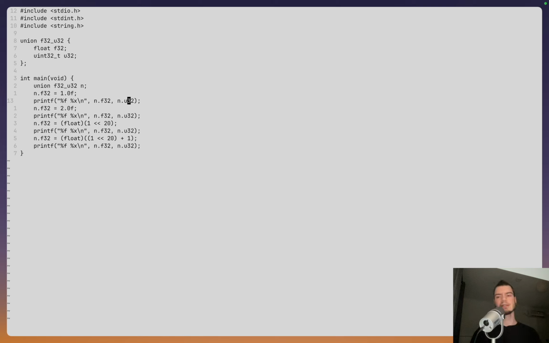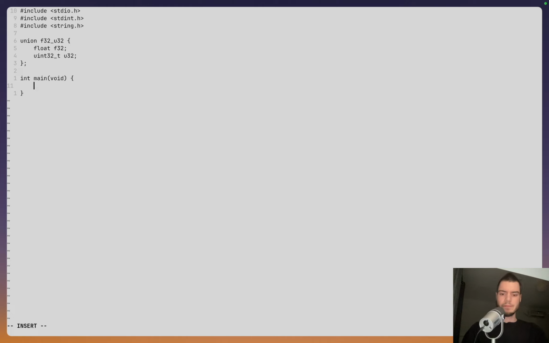So what I'm going to do is create a text file where we have two columns, one column of our floating point values, and then another column of the corresponding unsigned integer value. And then in Python, we're just going to read that file line by line, interpret the two columns, create two arrays from that, and then just plot those arrays. So we kind of get the best of both worlds from Python and C.